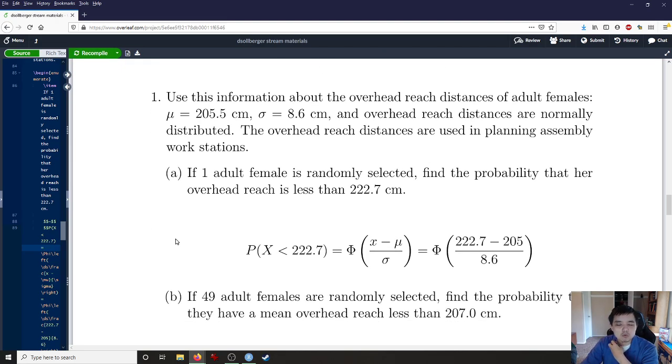So similar to what we were doing last week, we're going to set our random variable x less than 222.7, because that's the wording here, less than 222.7. The area we would shade under the bell curve would be our probability. And the way we write that area under the curve in math notation is with this capital phi function here.